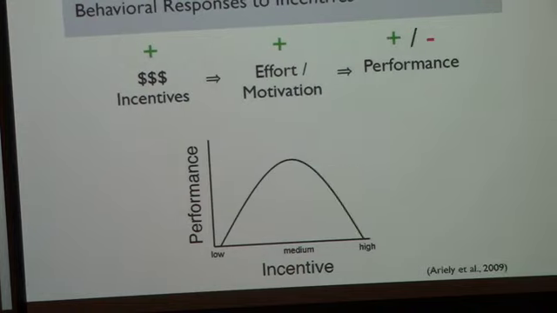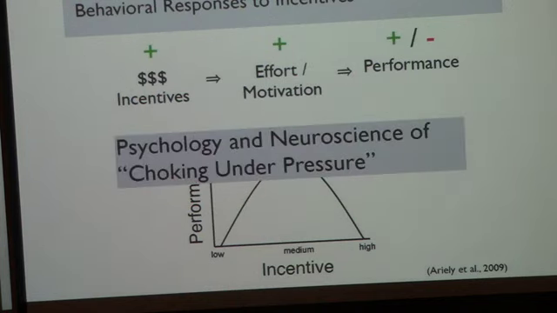But actually there is another model saying that when you have more incentive, the performance actually goes down, because of something we call choking under pressure. At a large, high incentive, you are essentially feeling that you will lose something if you perform worse. So this will give you a worse performance. There will be more pressure.